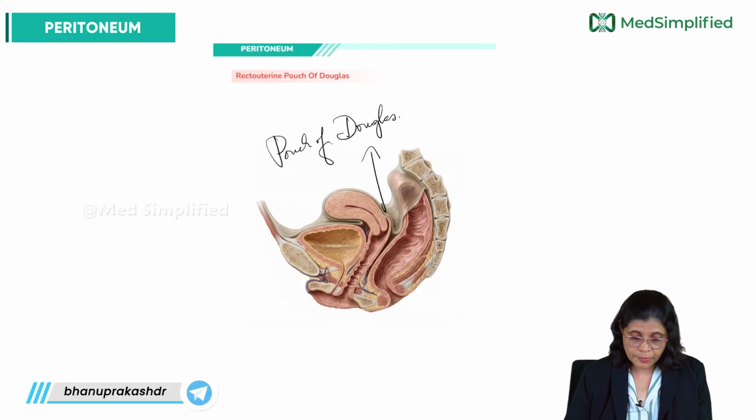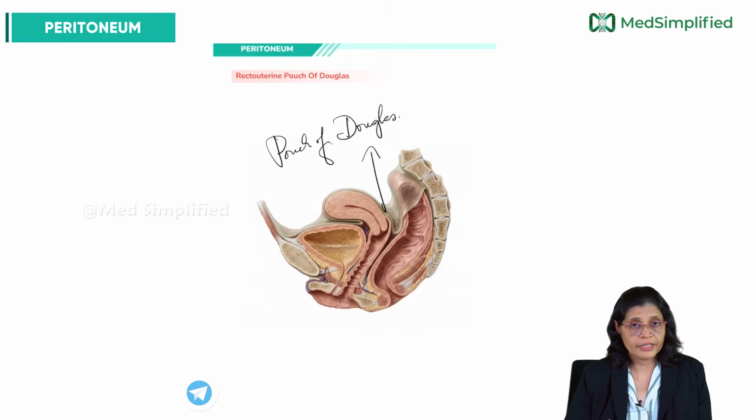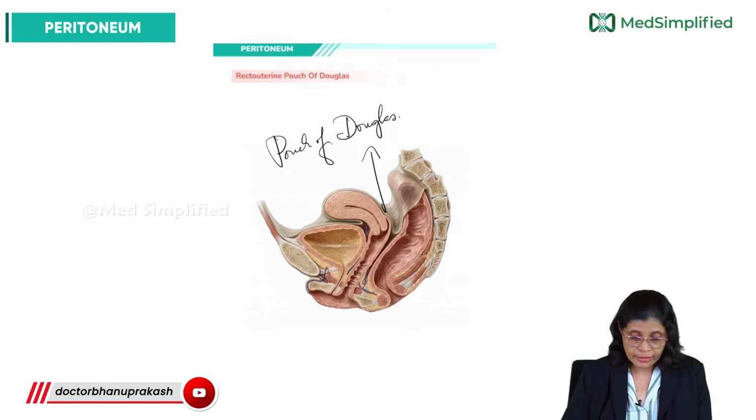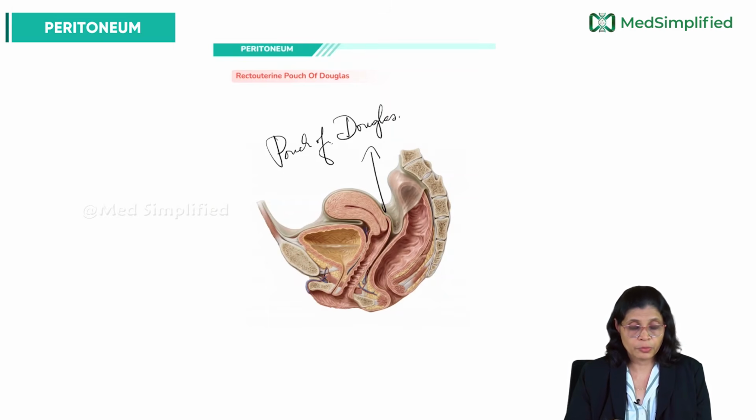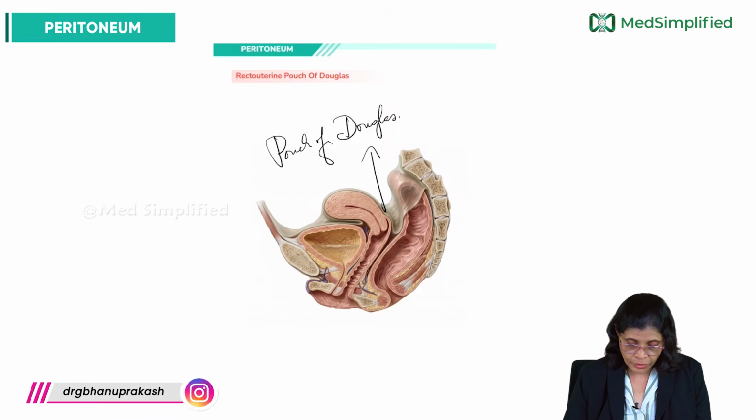It is the most dependent part of the peritoneal cavity in the upright position in females, and in the supine position, the most dependent part is in the pelvis. When we see the boundaries here, anteriorly it is bounded by the uterus as well as the upper 1/3 of the vagina, that is the posterior fornix of the vagina.